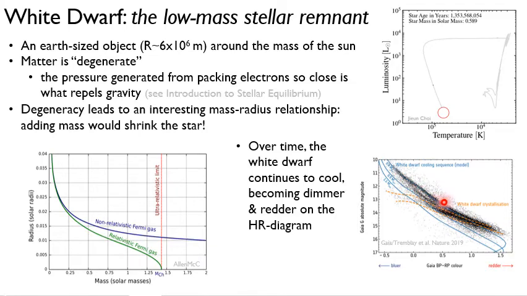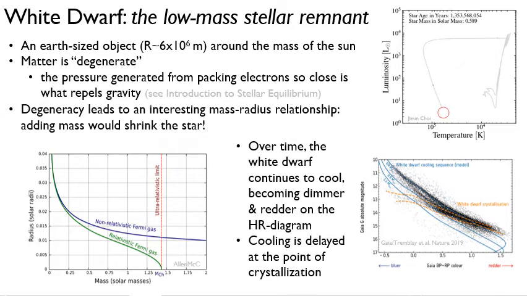And when we take a look at basically all the white dwarfs that we can see in a large survey, they populate this line because there are many different white dwarfs. They started out with some different initial masses, but not too different. And some of them are further along in cooling than others. So basically for each one of these dots, they would have started up here on this blue line and made it down to wherever they're at. So they become just dimmer and redder as time goes on.